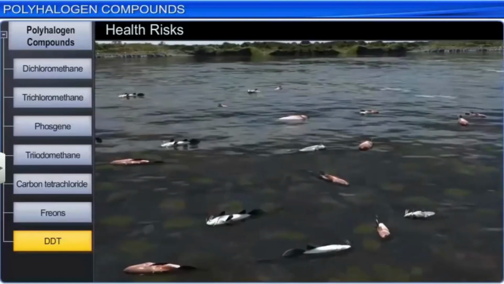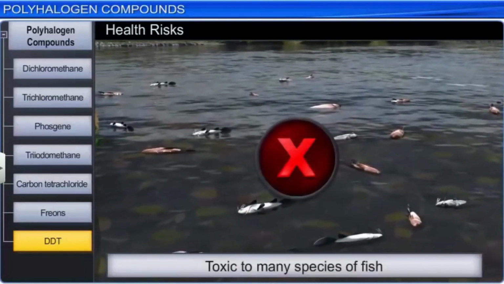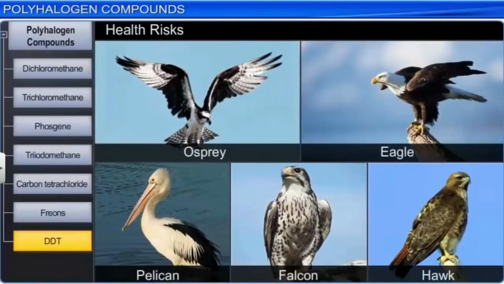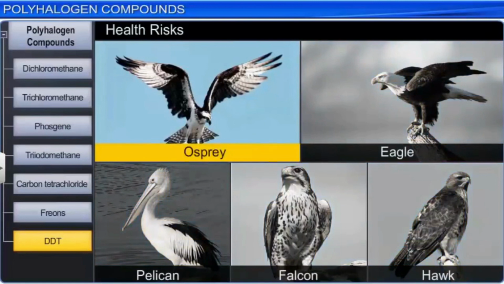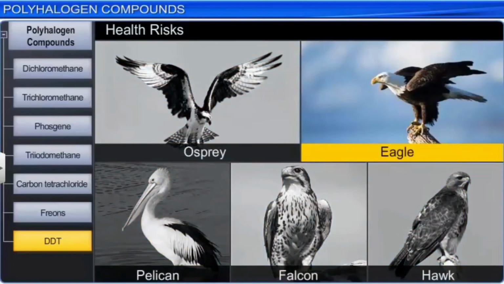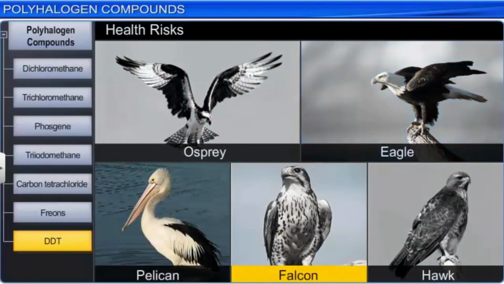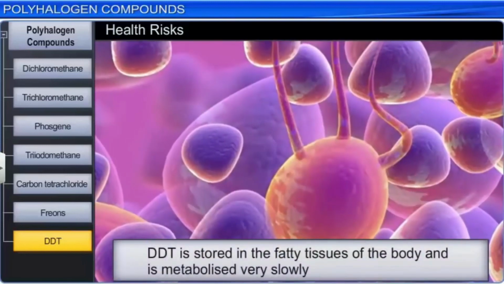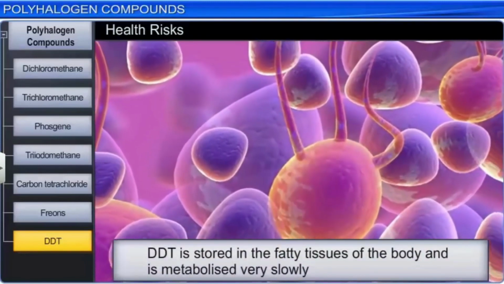DDT is toxic to many species of fish. For certain species of birds, such as ospreys, eagles, pelicans, falcons, and hawks, DDT exposure leads to thinning of eggshells, causing serious population declines. DDT is stored in the fatty tissue of the body and is metabolized very slowly.